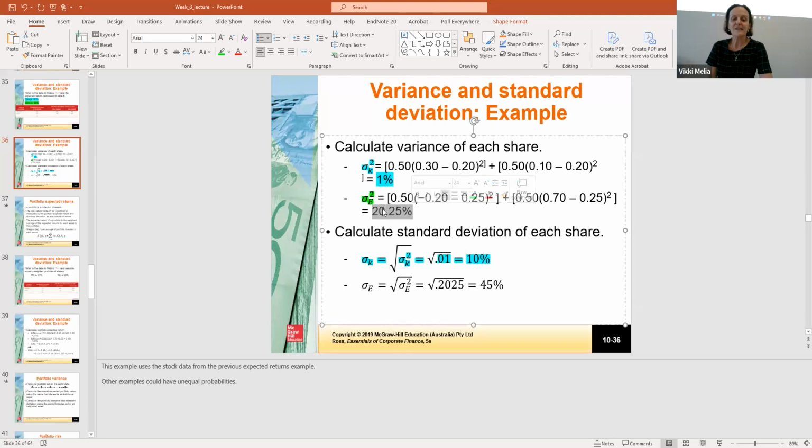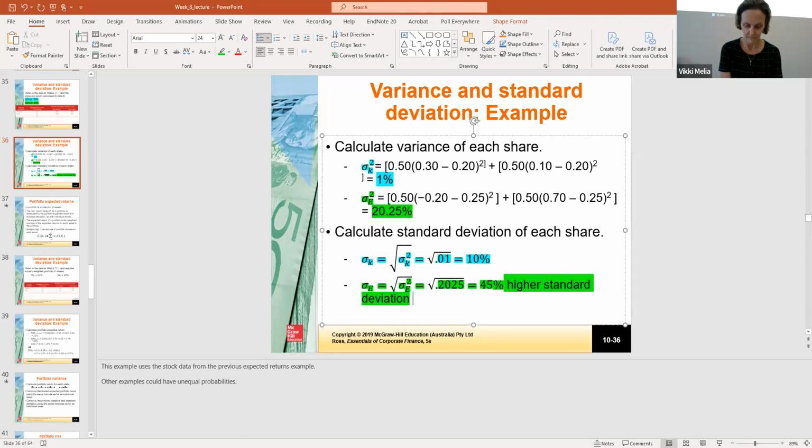So we get a variance of 0.2025. And if we take the square root of that variance, we get the standard deviation. So first we calculate variance, then we take the square root and get the standard deviation. So we talked about this before when we calculated the expected returns.